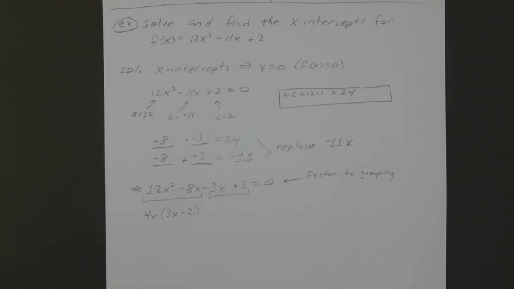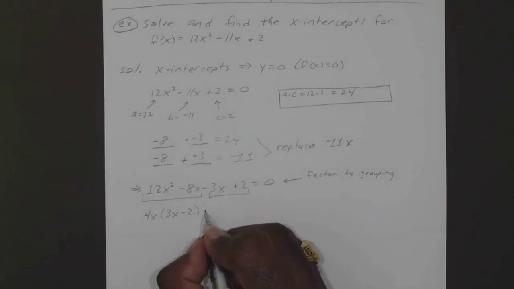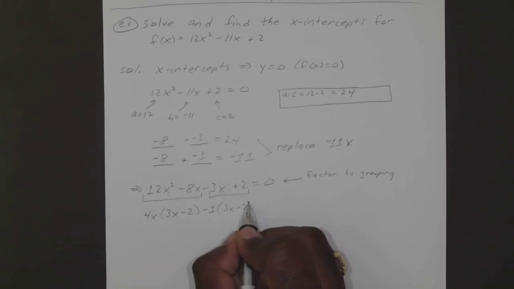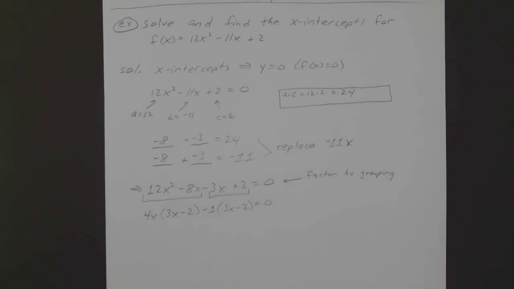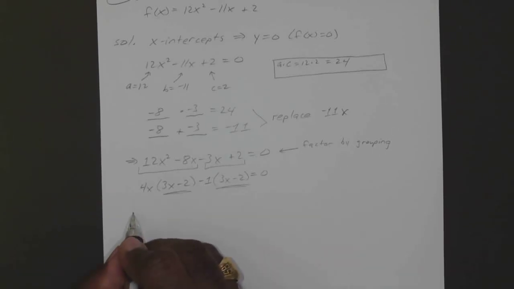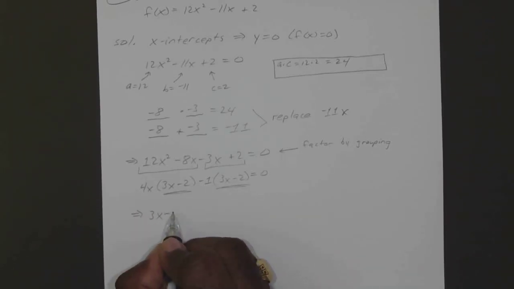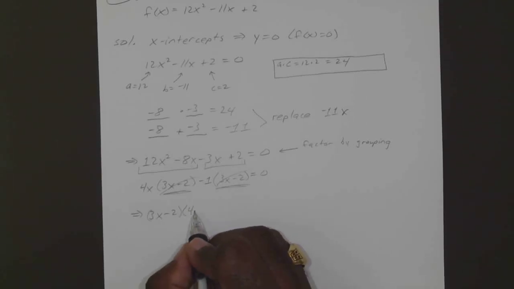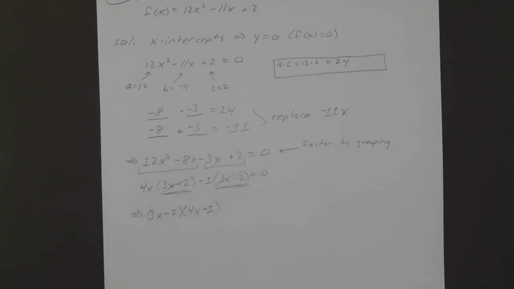From these 2, you can factor out a negative 1, which leaves you with 3x minus 2 equals 0. So you have your common binomial, which is what you're looking for. You factor that out, so you have 3x minus 2, and what's left goes into the next parentheses equals 0.